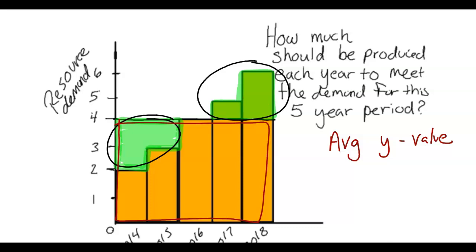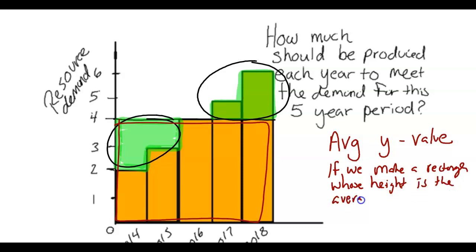And if we make a rectangle whose height is the average, the amount over the curve or the line, the amount over the average will equal the amount under the average line.